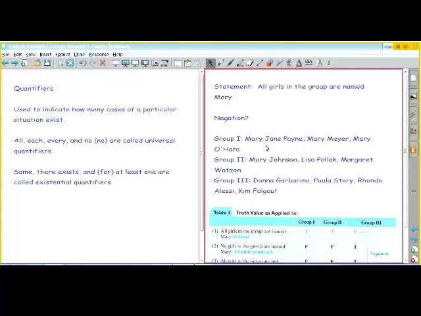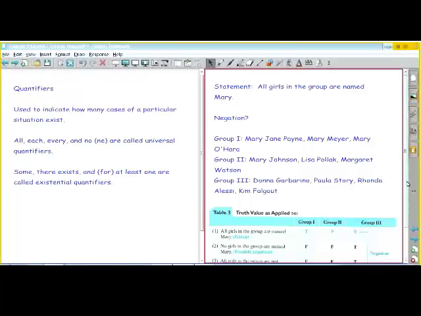Notice that the three groups have different characteristics. This one has everyone's name as Mary. Here we have one of them named Mary, so some of them are Mary. And in this one, there are none named Mary. So we have the universal cases, all Mary and no Mary, and the middle one, which is some. It could be one Mary or two Marys. It doesn't really matter, just so it's not all or none.